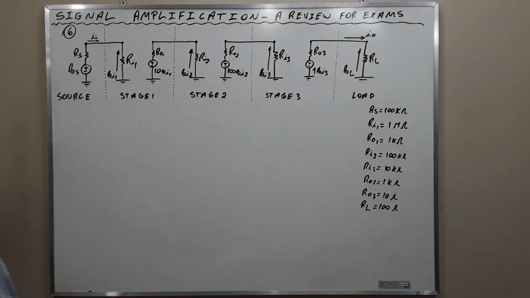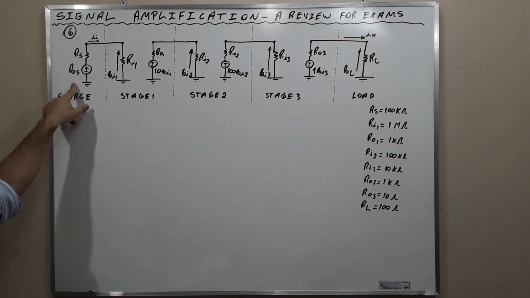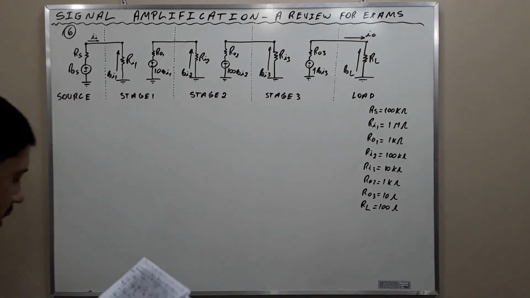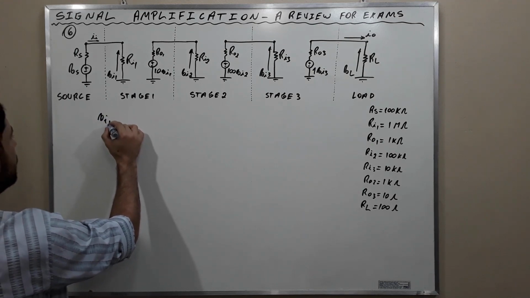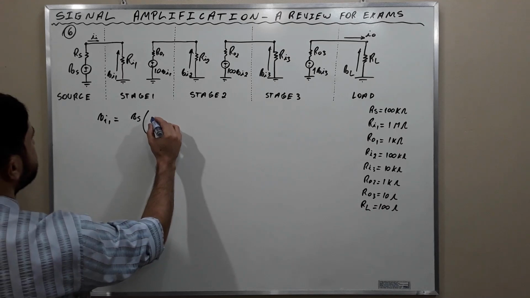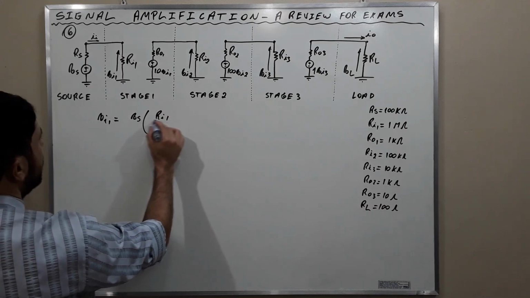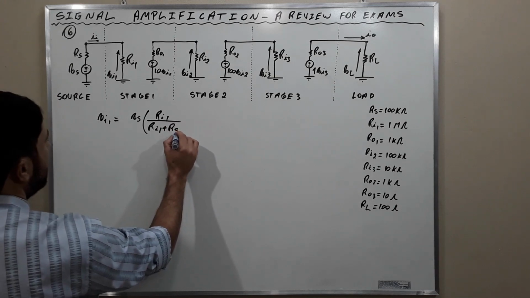First of all, we are going to compute the voltage gain from VI1 to Vs, okay? Observe that VI1 is Vs times Ri1 over Ri1 plus Rs.